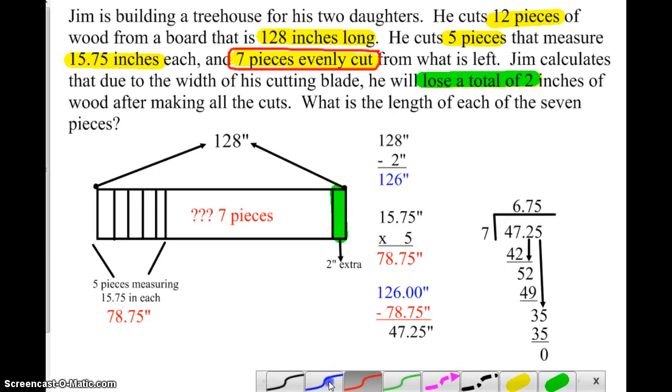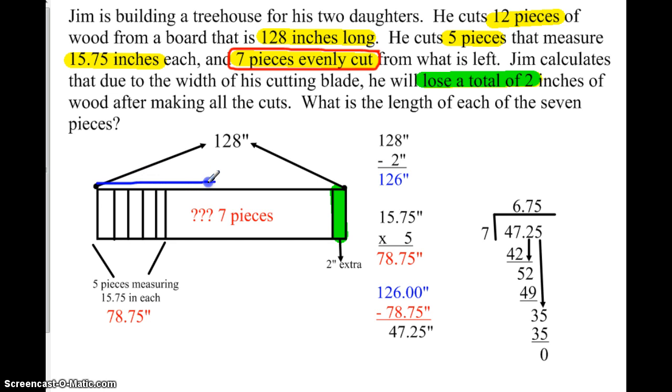Okay, I'm working with this piece here now because the 2 inches is useless. It's gone. All right, you following that? So 128 inches, what we started with, minus the 2 inches that are going to be lost, so lose means subtract, gives me 126 inches in total that I'm working with.